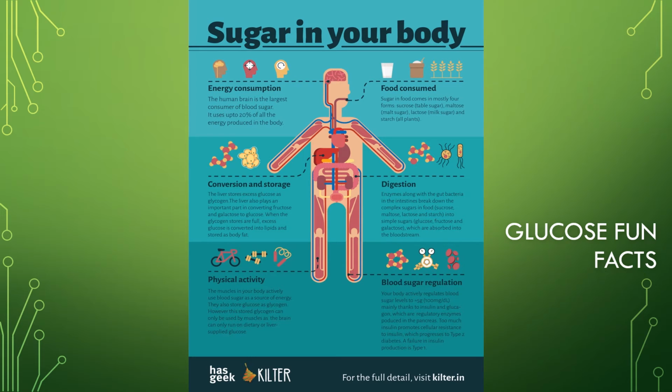Okay, now some fun facts about glucose and why it's needed. Our brain needs sugar in order to function. It uses about 20% of the energy that is produced by cellular respiration, and it needs sugar in order to even begin that process. Then we have the different sugars in foods, which is not really the sugar that we need.